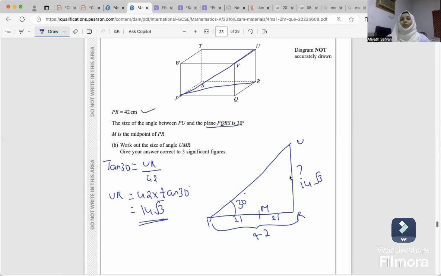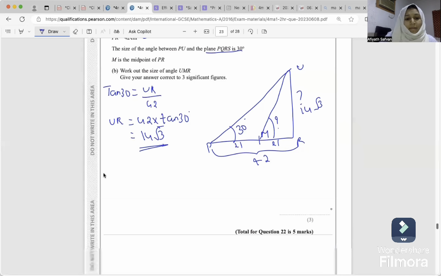Okay. Now work out the size of the angle UMR. So I need to join from U to M and I need to find out what this angle is. So once again, I'm going to apply the tan. Therefore, tan M is equal to UR divided by MR, right? So the UR is 14 root 3 and my MR is half of PR, which is going to be 21.